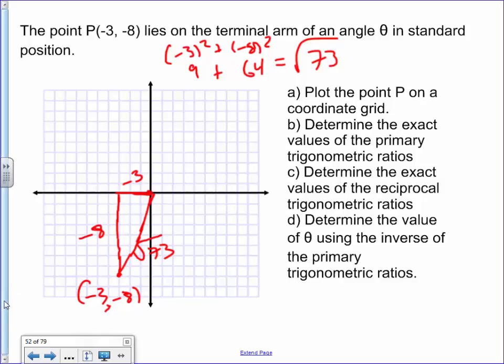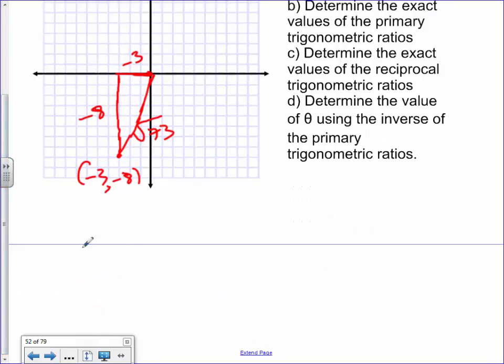What are the trig ratios then? Okay, this is kind of tedious. Opposite? Okay, good question. Opposite of what? Where is my angle? You guys remember? There's an angle here, here, and here. Which one is the one that we consider to be the reference angle? It's this one right here.